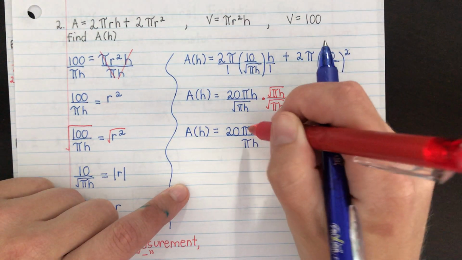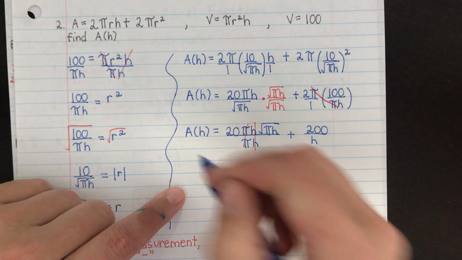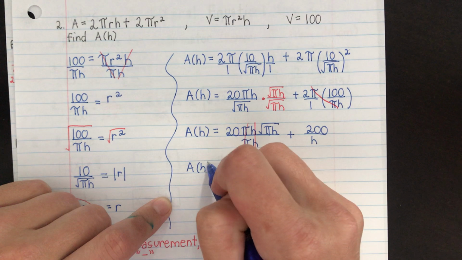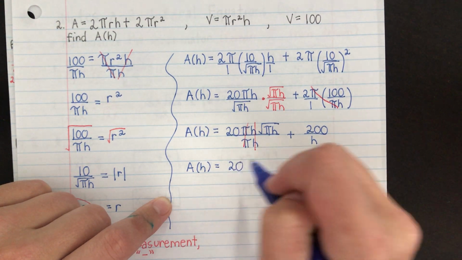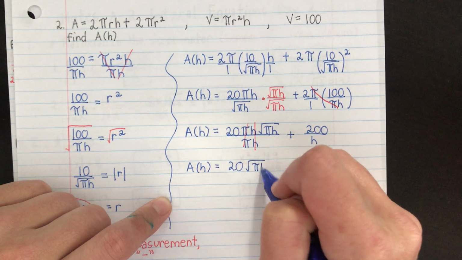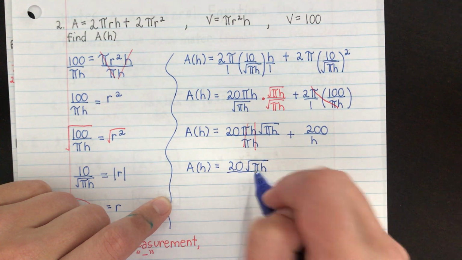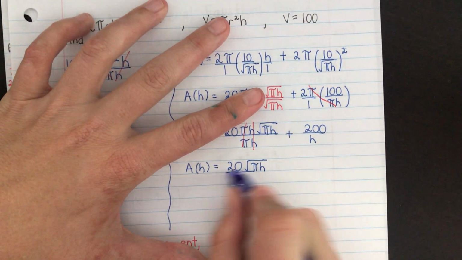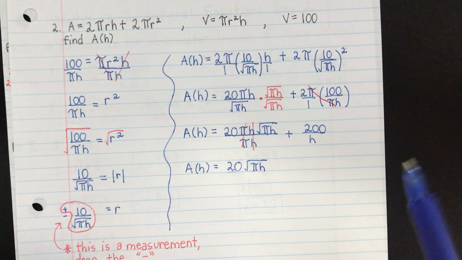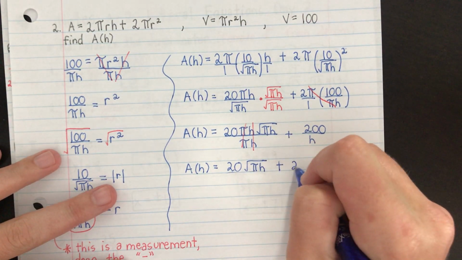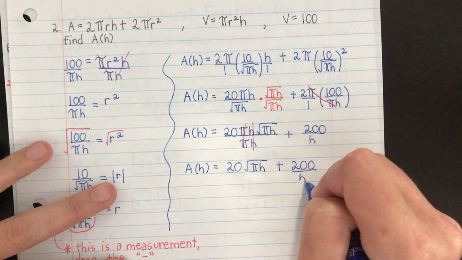And here, same, the pi's simplify, the h's simplify, so final answer here, A of h equals 20 square root of pi h over nothing, over 1. So I'm not going to write it, okay, plus 200 over h.